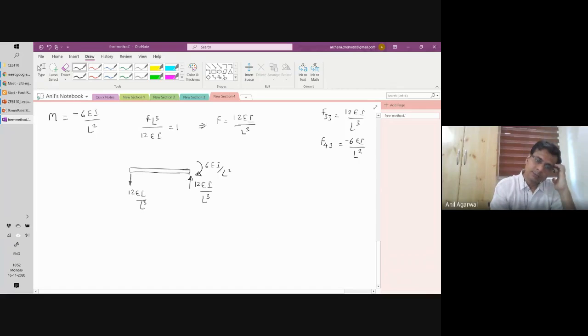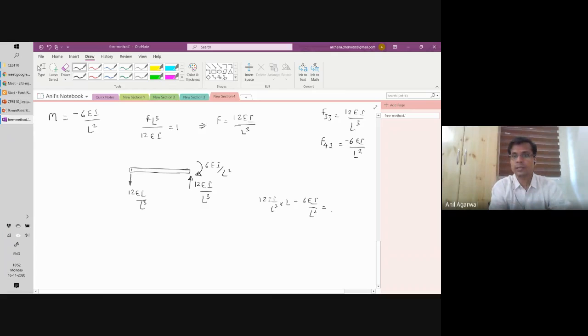Okay, and then if you see the moment balance, you will see that the moments are not balanced right now. If I take the moment about this point, it is 12 EI divided by L cube multiplied by L, that is in the counterclockwise direction, minus 6 EI divided by L square.